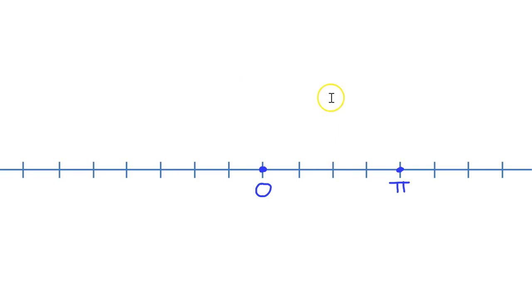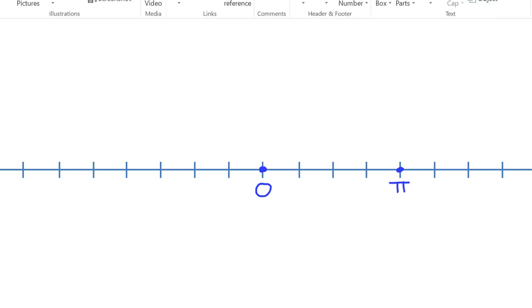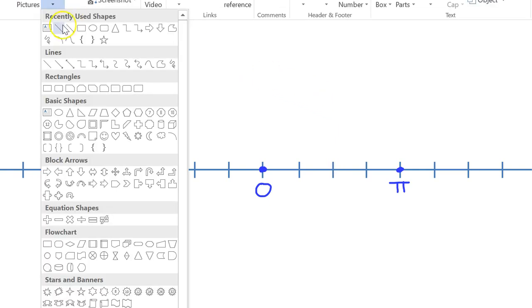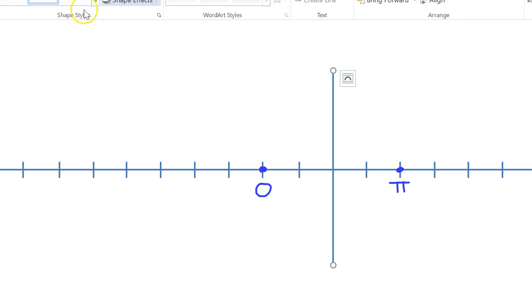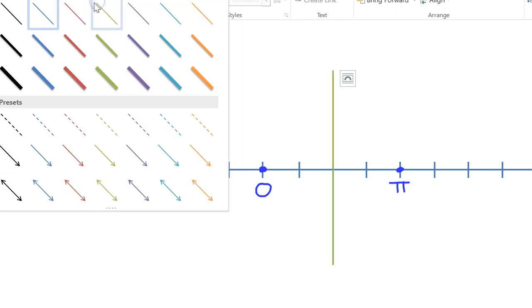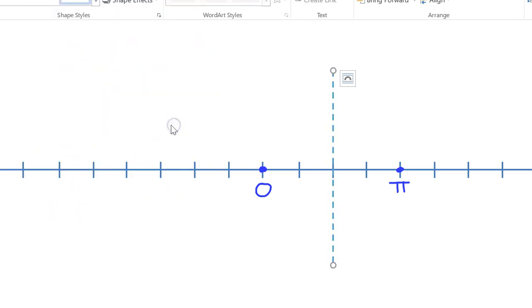I don't think it's working. Serves me right for cheating. Let me try this again. Alright, so I'm going to put a vertical asymptote down here, and we always show a vertical asymptote as a dotted line. So there's my vertical asymptote.